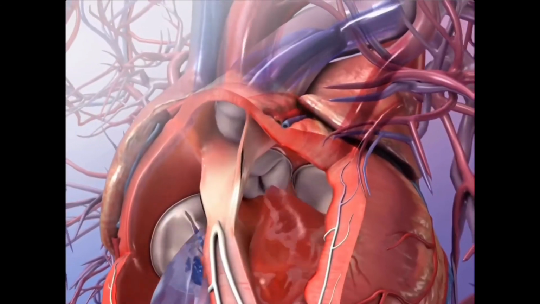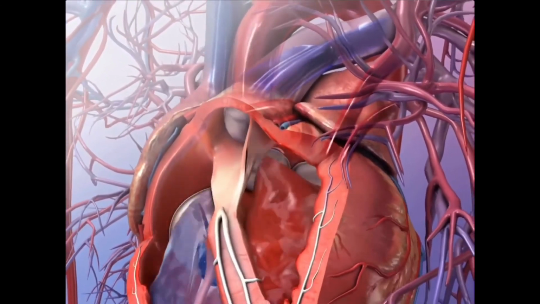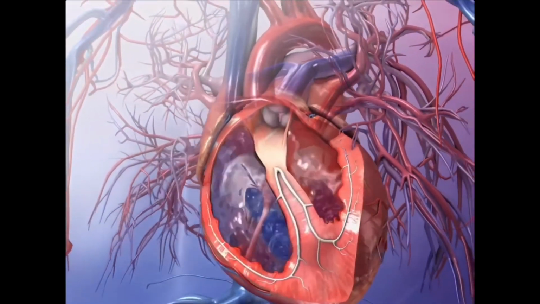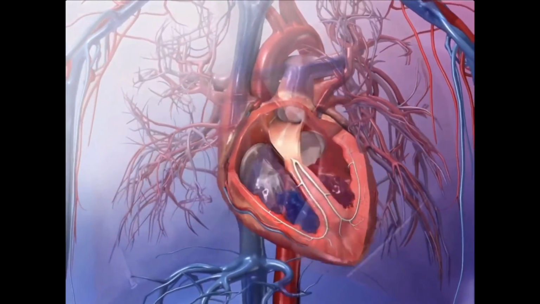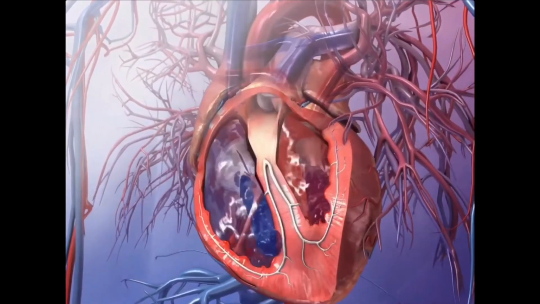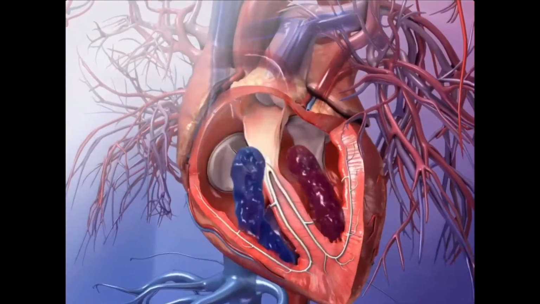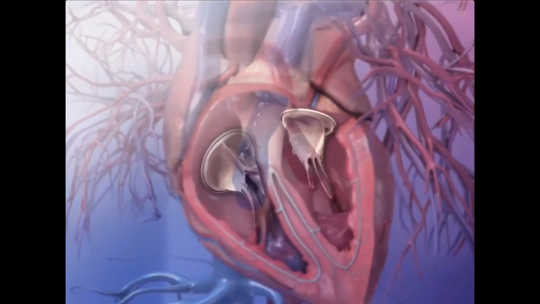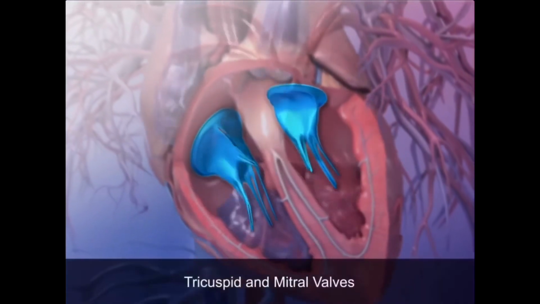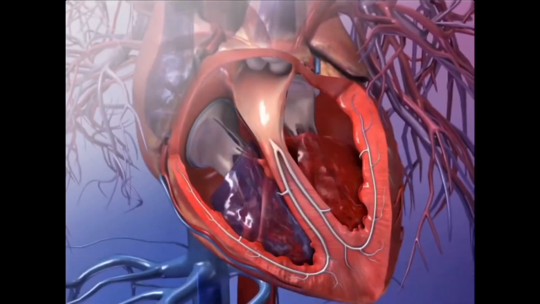Their function is to prevent backward flow of blood, and also their location. And remember what I said last time, you do not need to know the names of the valves. You can if you want, but it's not necessary for your exam. But you do need to know the function of the valves in the heart.